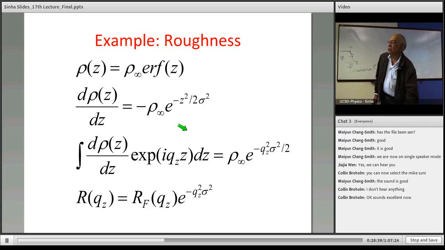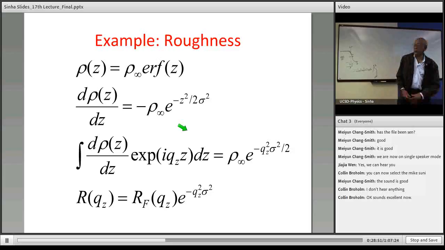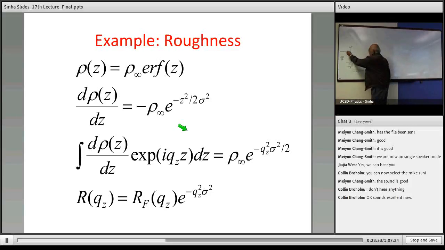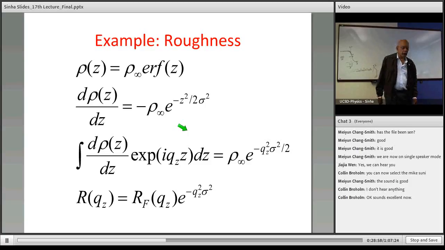It's just a matter of a constant. If you take the derivative of this, since this is the integral of a Gaussian, you get minus rho infinity times e to the minus z squared over 2 sigma squared. It has to be negative, you see, because the derivative is negative as you go across 0. So when you differentiate it, you get this, and now you take the Fourier transform to get this expression here.